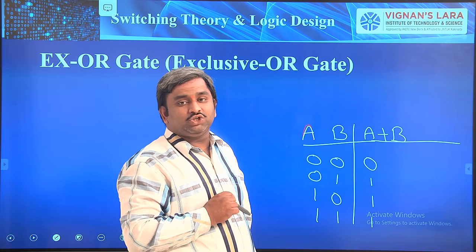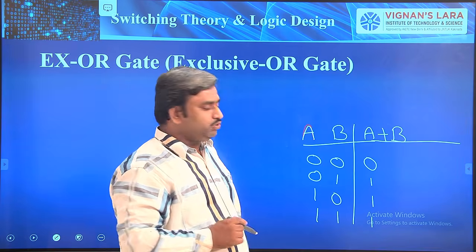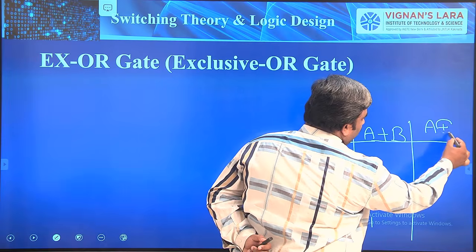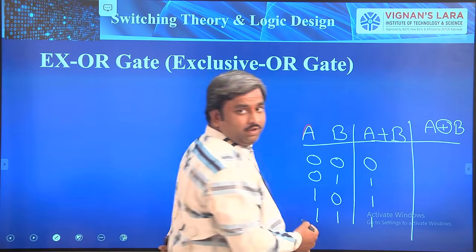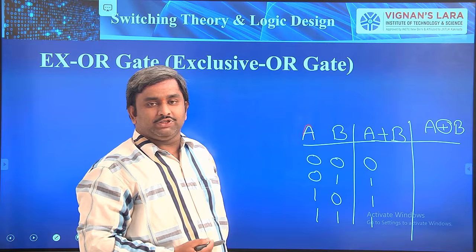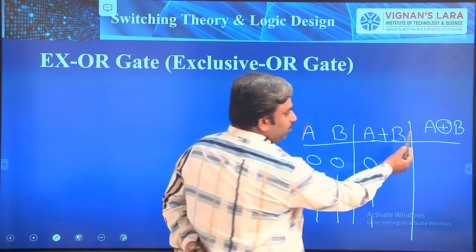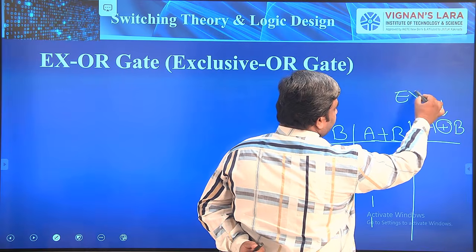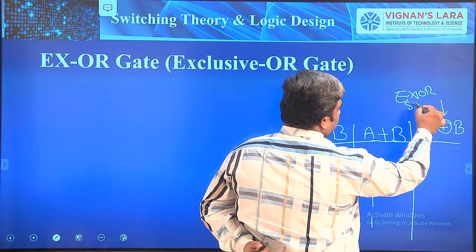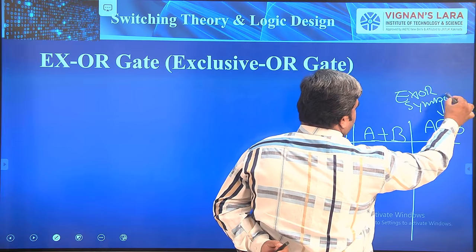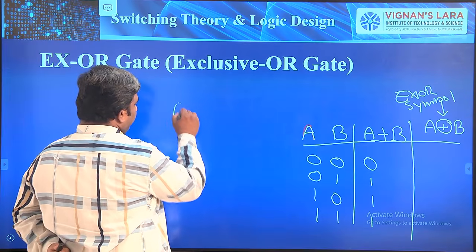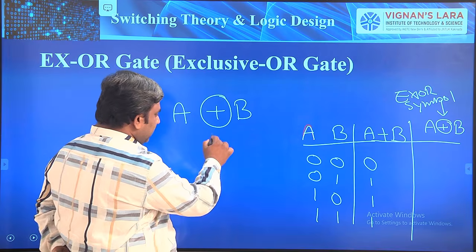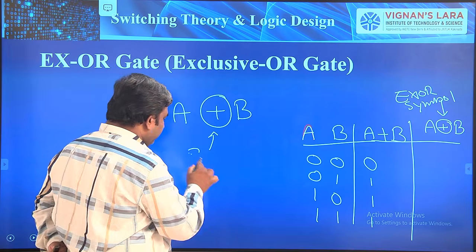Coming to the exclusive OR gate operation, we represent it in this way. This is called the XOR symbol. I am representing here A XOR B. This is the symbol for the XOR gate.